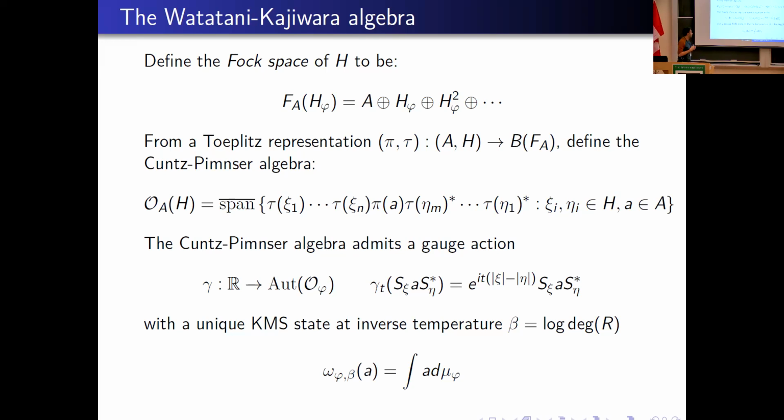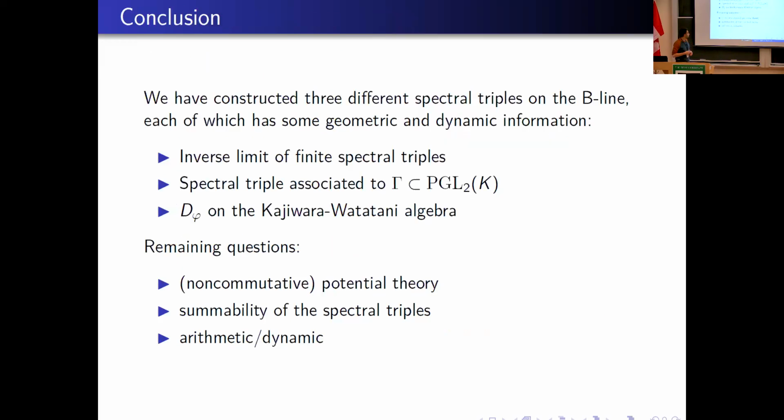There has been work done in this direction, and one can do that, and you get something called an infinite dimensional spectral triple, which gives you back this KMS state.